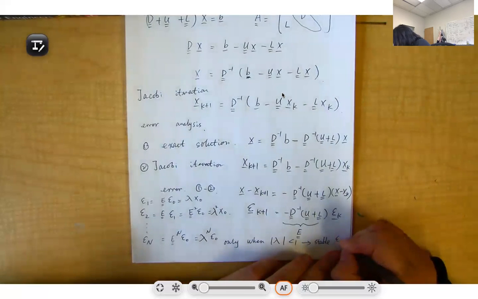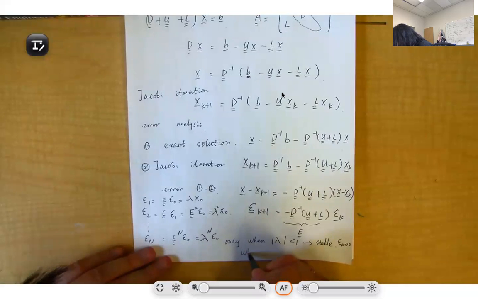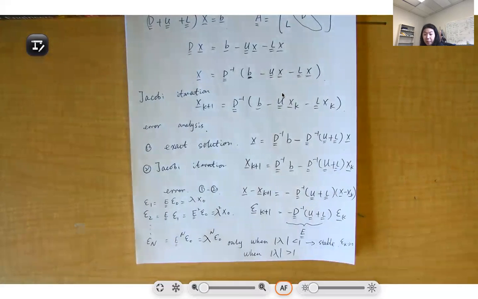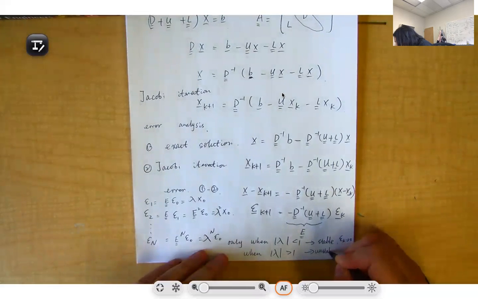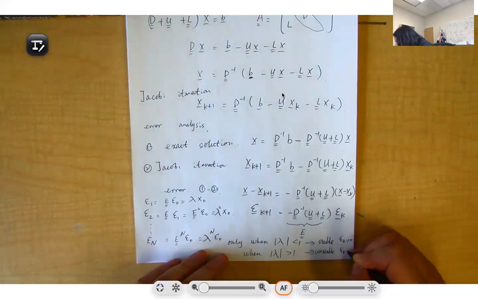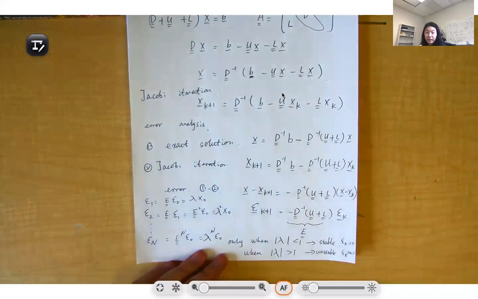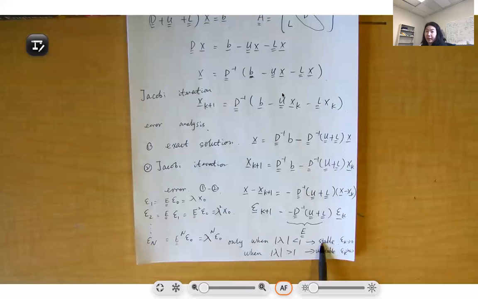If one of the lambdas is over 1, that will lead to an unstable system, where the error at step k will diverge to infinity. So we can use the eigenvalues of this E matrix to decide whether the system is stable or not when using the Jacobi iteration. Okay.